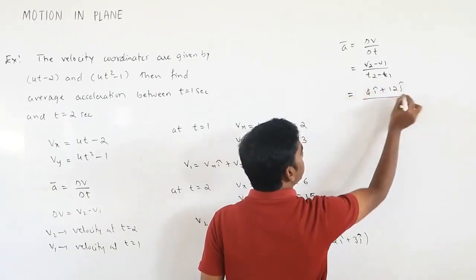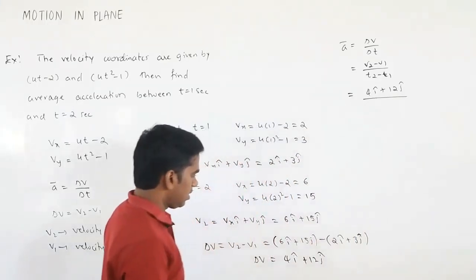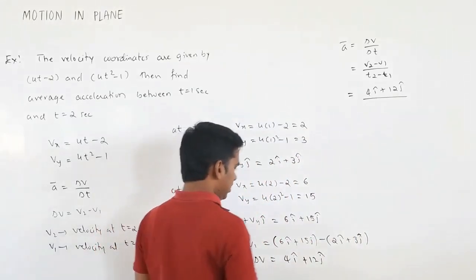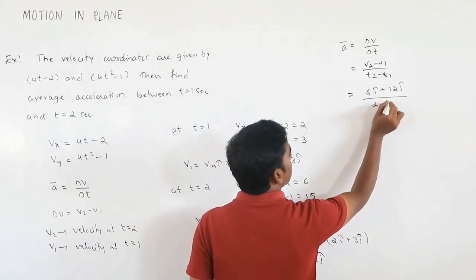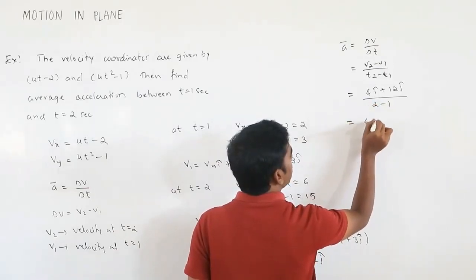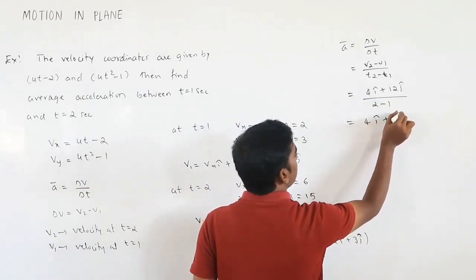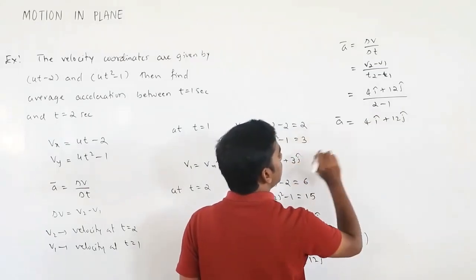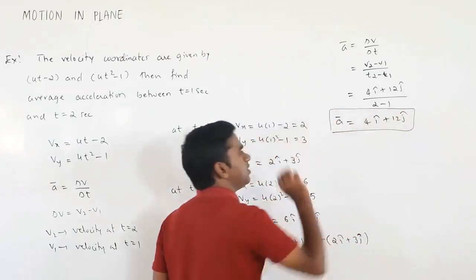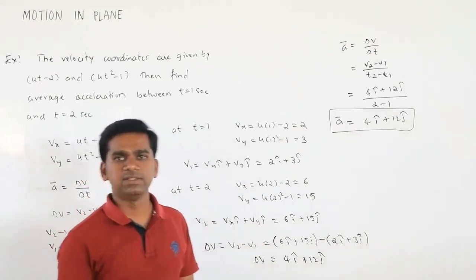T2 minus T1 is 2 minus 1, so this becomes 4 i cap plus 12 j cap. This is the average acceleration.